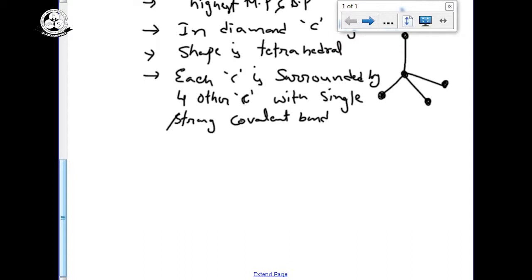The covalent bonds are very strong. That's why it is the hardest substance and has high melting and boiling points.